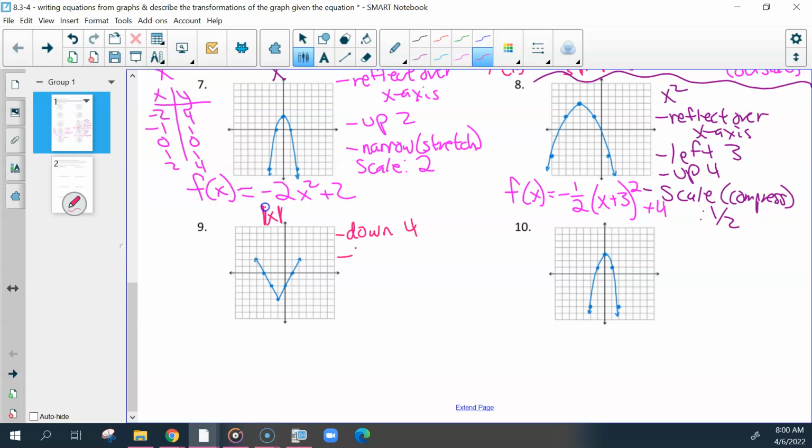Down 4, left 1. It was stretched. So we have to find that scale. So if you look at any of these points and count how many up, that would be 2 over 1, which would just be 2.